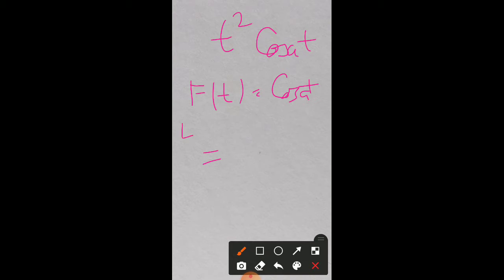Laplace transform of f(t) will be equal to Laplace transform of cos at. And we know that Laplace transform of cos at is s upon s square plus a square. We have already proved it. Suppose it is F(s).